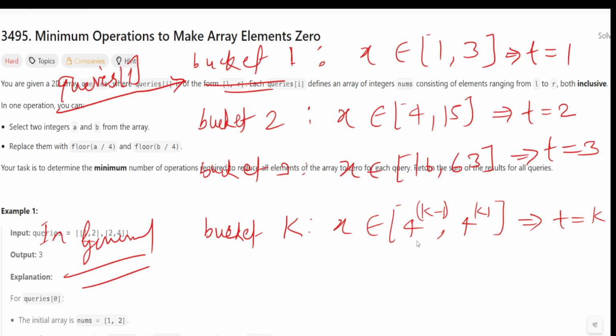Here when we talk about 3, 4 to the power 3 becomes 64, this is our bound. Now I think I'm making a mistake here. Let's look at this again. This will become k minus 1.